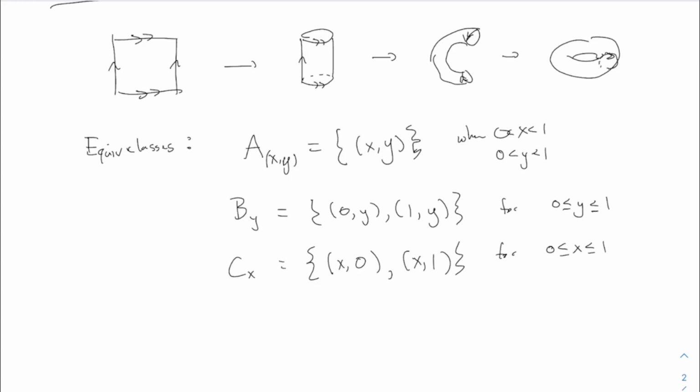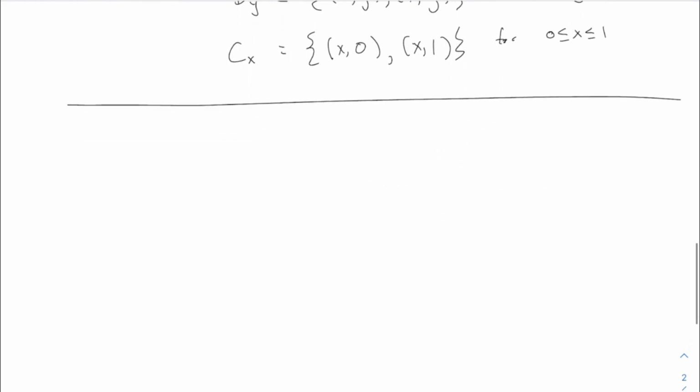I would like to talk about three more interesting examples that we have not seen before. So one is a variation on the cylinder. Start like this, but I'm going to do it like that. So I'm putting the arrows in opposite directions.